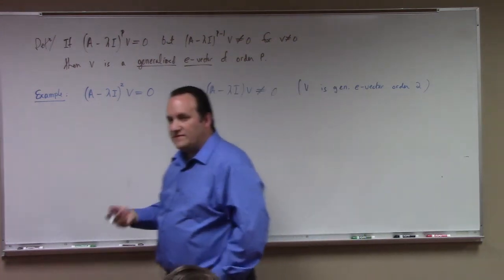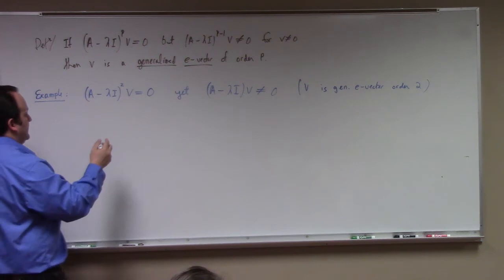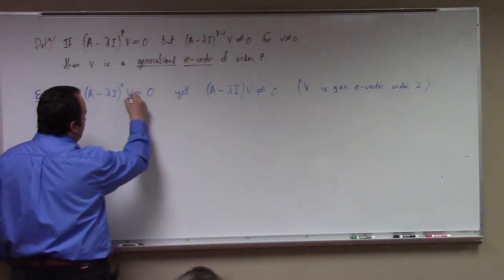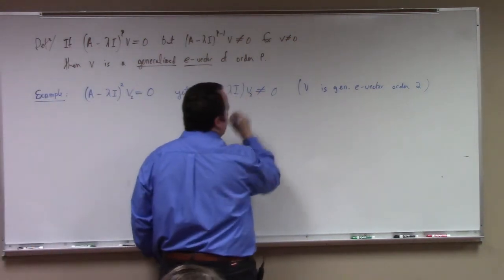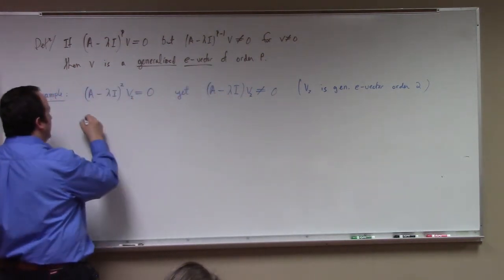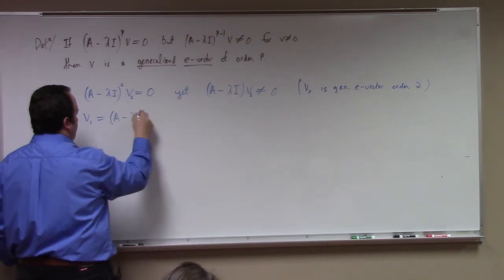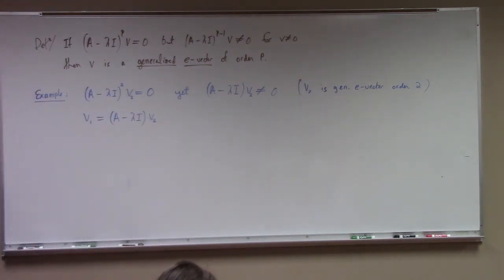My p is equal to 2. Here's the neat thing, guys. Let me call this thing v2. I'm going to let v1 equal A minus lambda I acting on v2.